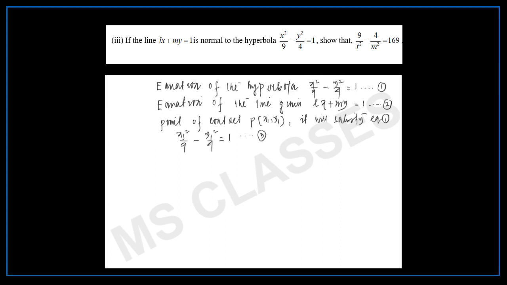Now to get the normal, we need the slope of the normal. So we differentiate first to get the slope of the tangent, because we know slope of the tangent at the point of contact equals slope of the curve at the point of contact.